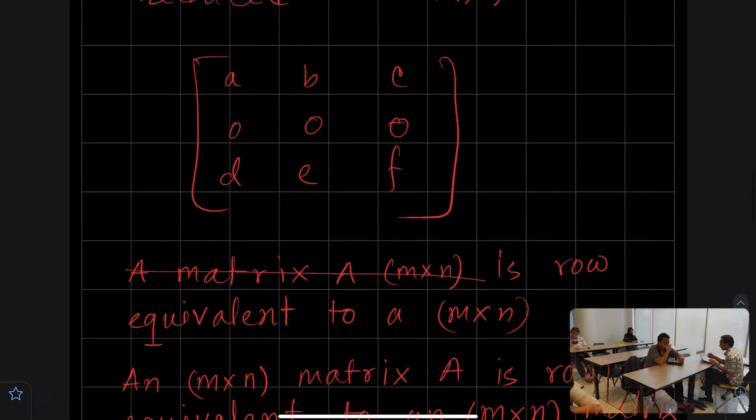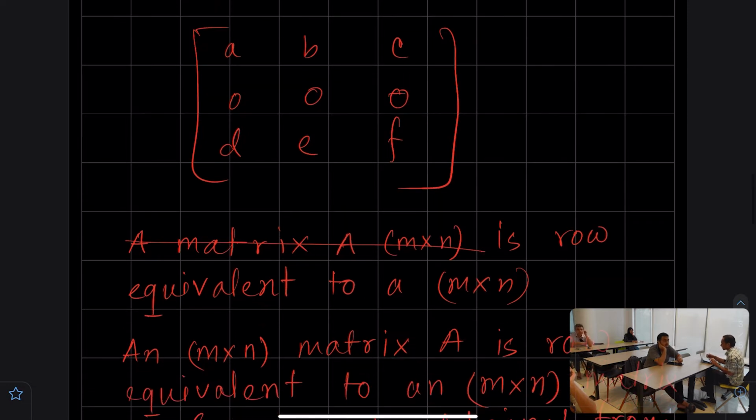So this matrix I can make into a row reduced matrix, right? How? I can start with row 1 and multiply this row by 1 over A. All these entries A, B, C, D, E, F are non-zero entries.